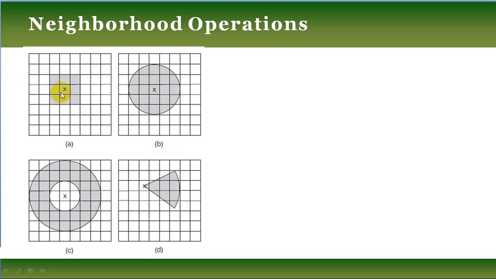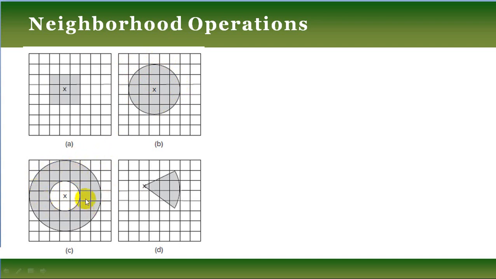In this case, the cross-marked pixel is the focal cell. Based on the focal cell, towards this direction, towards this distance, based on a radius, it finds the surrounding cells. Based on the focal cell and concentric circles, it found the surrounding cells.